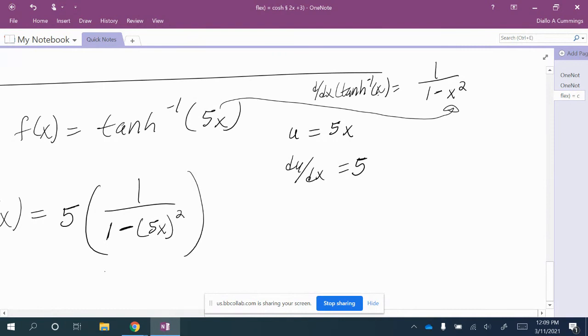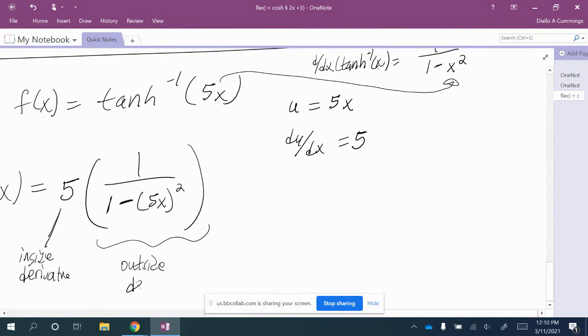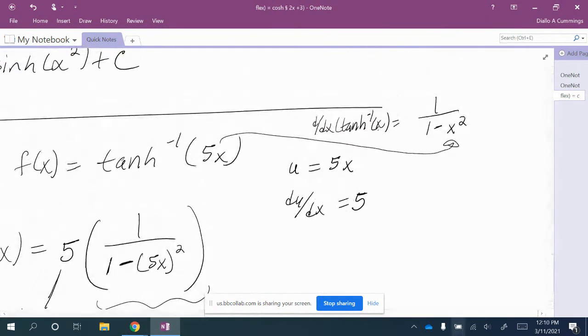So what I have here, I'm kind of writing this differently from when I wrote it the first time. This is the inside derivative, and this is the outside derivative. Okay, so for the outside derivative, we use the formula.